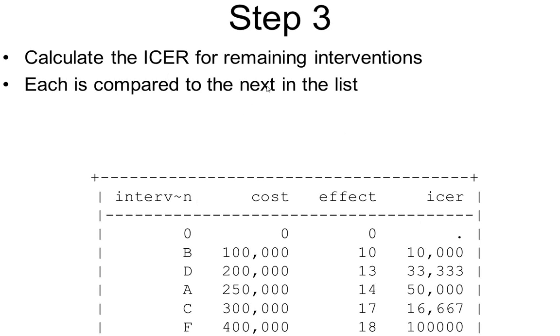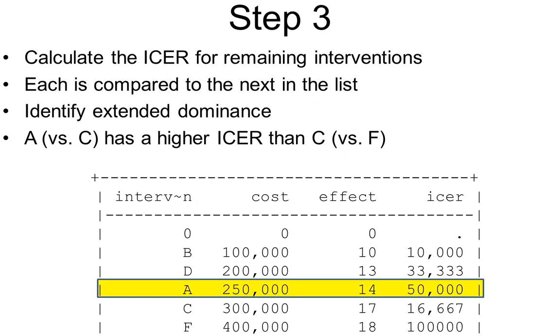And now if we look down this list, we can see that A versus C, at 50,000, has an incremental cost effectiveness that is higher than C versus F. Right? It's 50,000 versus 16,000.